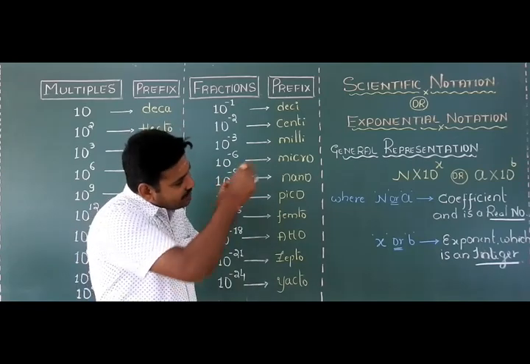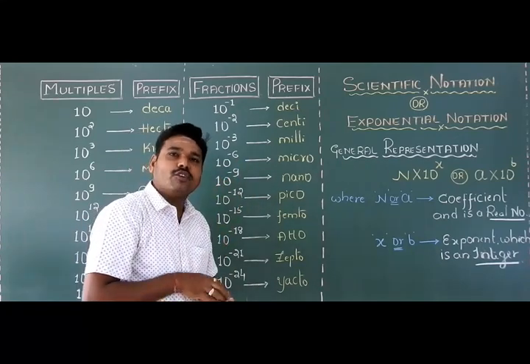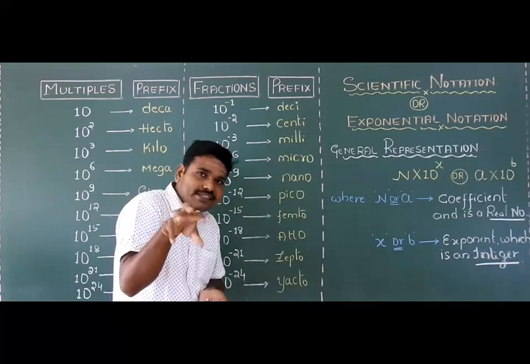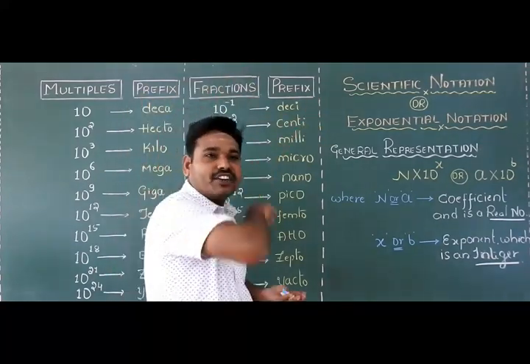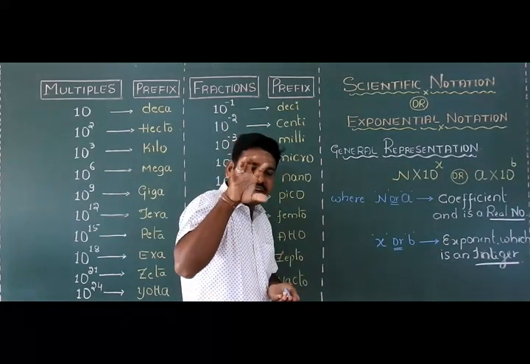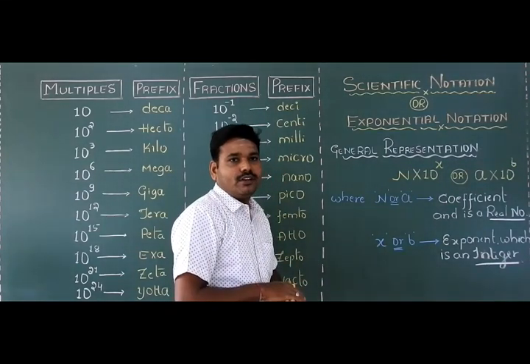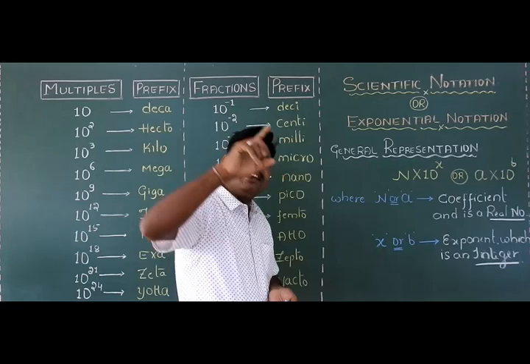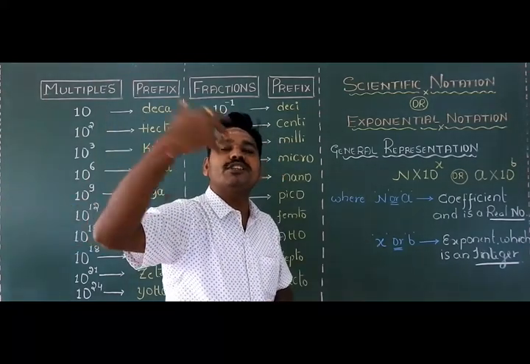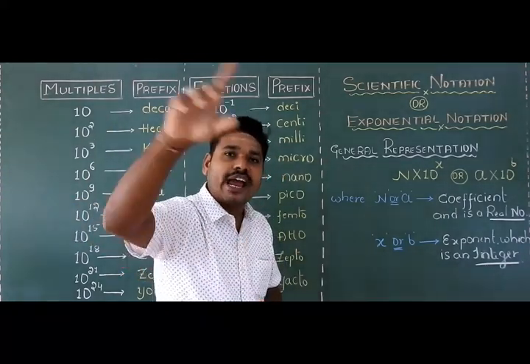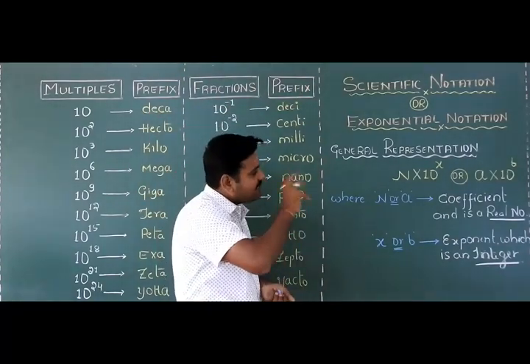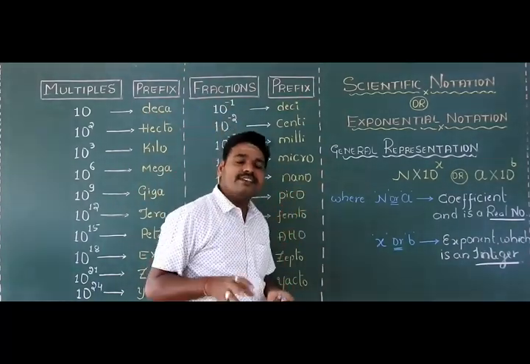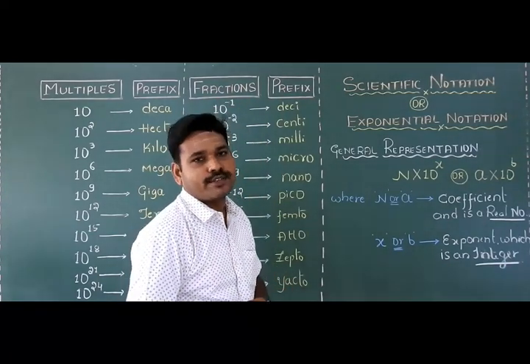Here is the general representation for the scientific notation. Then how to represent a large number and a small number in scientific notation? To write a very small number or a very large number using exponential notation, first we'll discuss the general representation for the scientific notation, student.